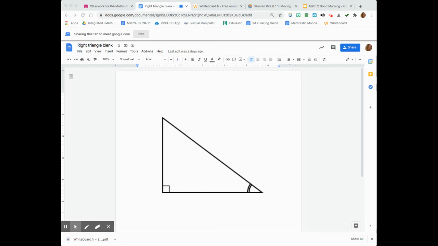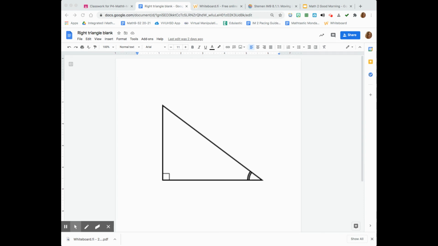Yeah, if you can, just cut it out. You don't have to, but if you think it'll be easier to look at, that's fine. Okay. Thank you.